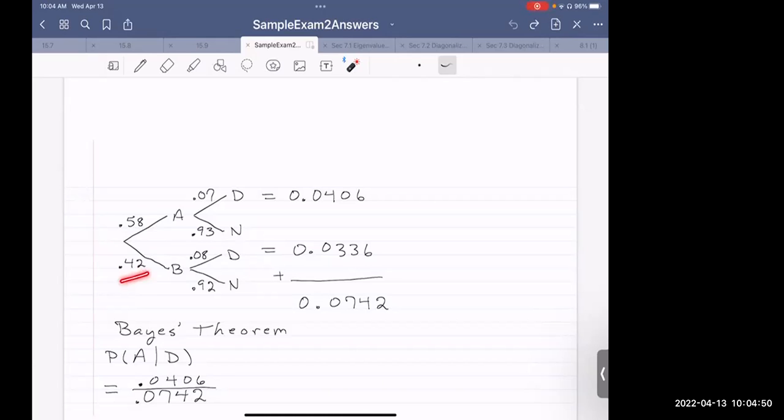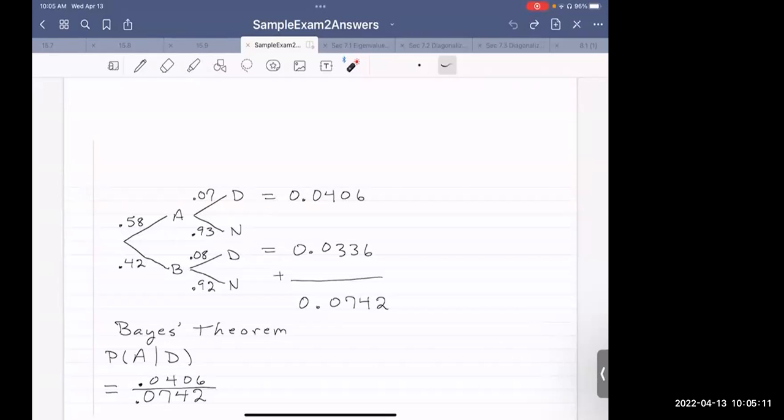And so 42% of the sales are from store B. Let D denote the fact that the DVD player is defective, and N the fact that the DVD player is not defective.